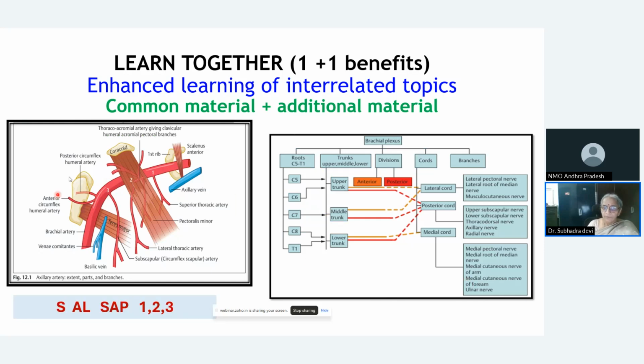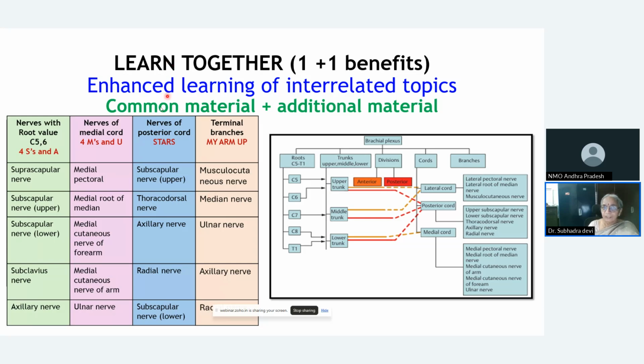So how you can remember the branches of it. So first part 1, second part 2, third part 3 branches of axillary artery you should be able to recollect. And another thing is what are all the nerves with root values C5 and 6 also you combine and read.